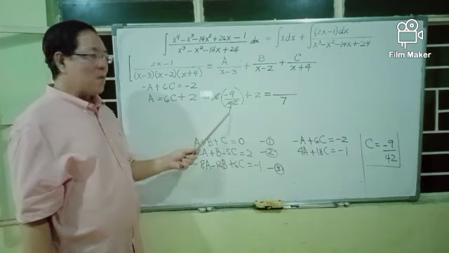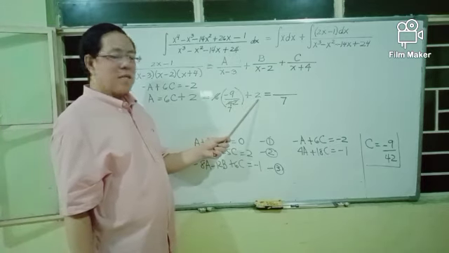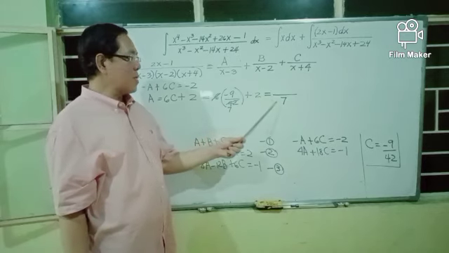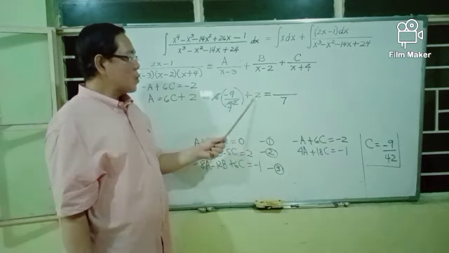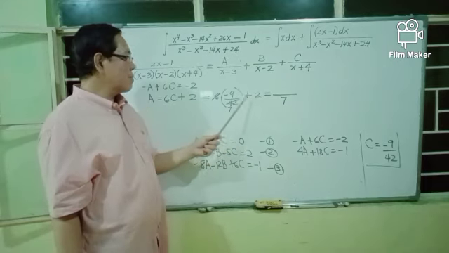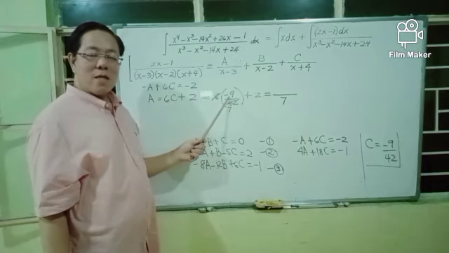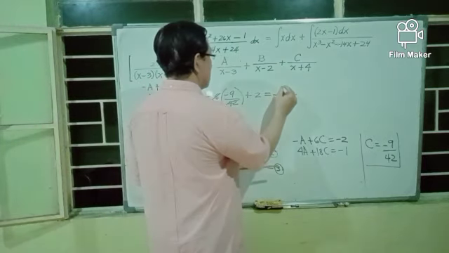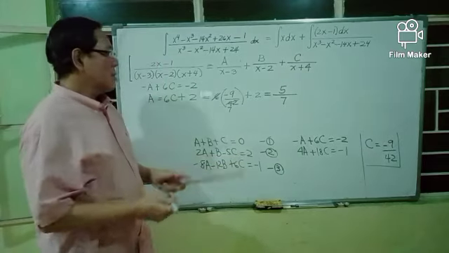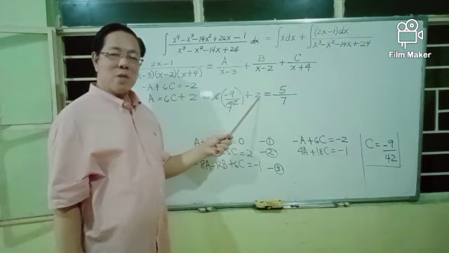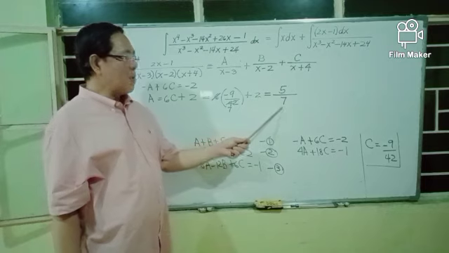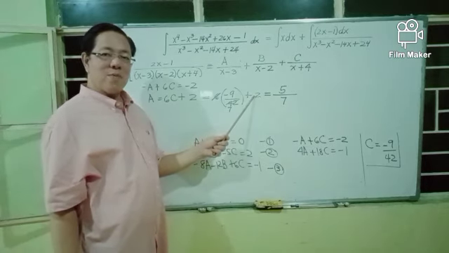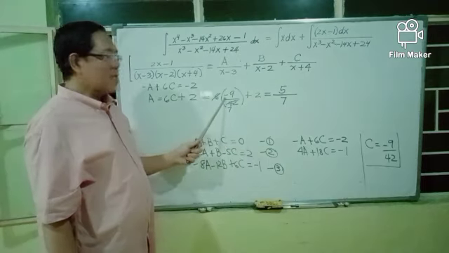Now we have a common denominator of 7. 2 multiplied by 7 over 7 is 14 over 7, minus 9 over 7.